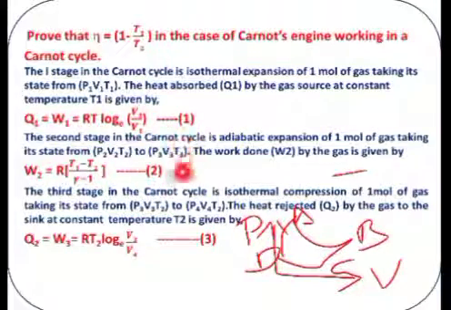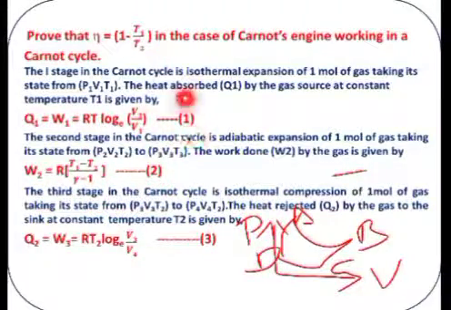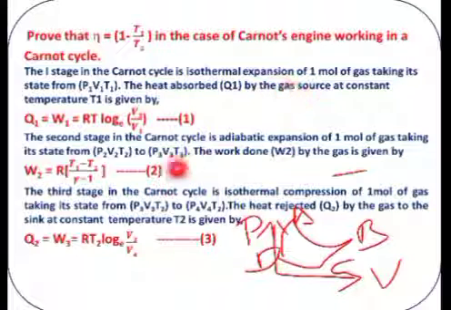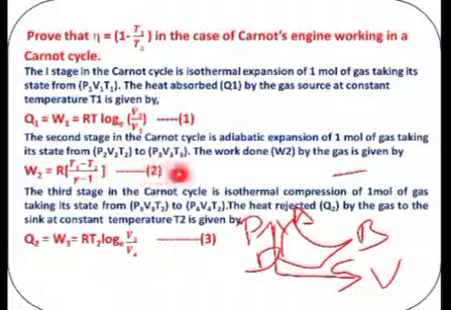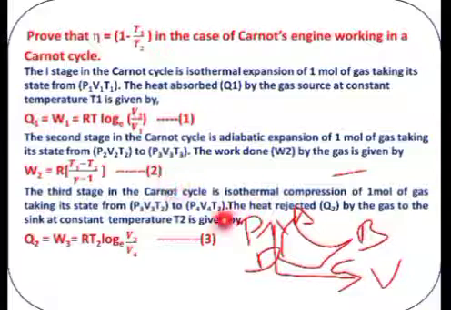Four processes we are discussing: isothermal expansion, first stage; second stage, adiabatic expansion; then third stage, isothermal compression, that is this curve; and DA is the fourth stage, that is adiabatic compression. Pressure, volume and temperature are changing under these processes, denoted by P2 V2, P3 V3 T3, and like that P4 V4.